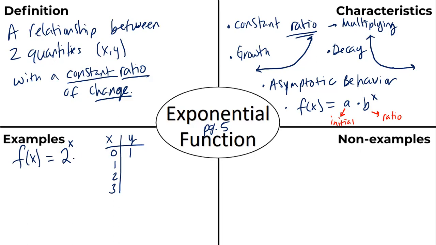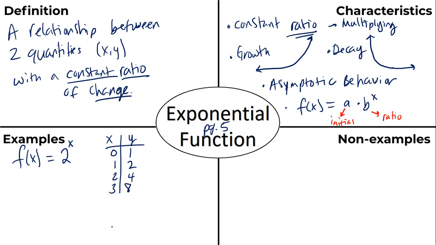All right. Now 2 to the 1 is 2. 2 to the 2 is 4. 2 to the 3 means you have 2 times 2 times 2, which equals 8.